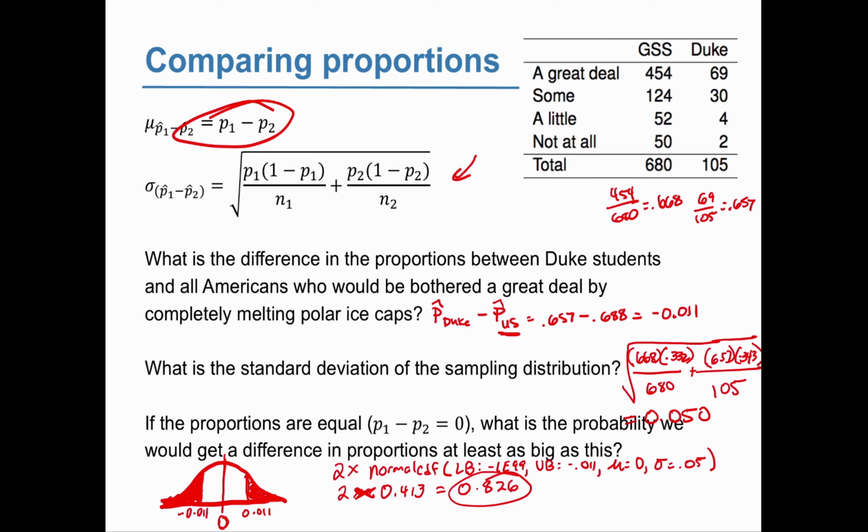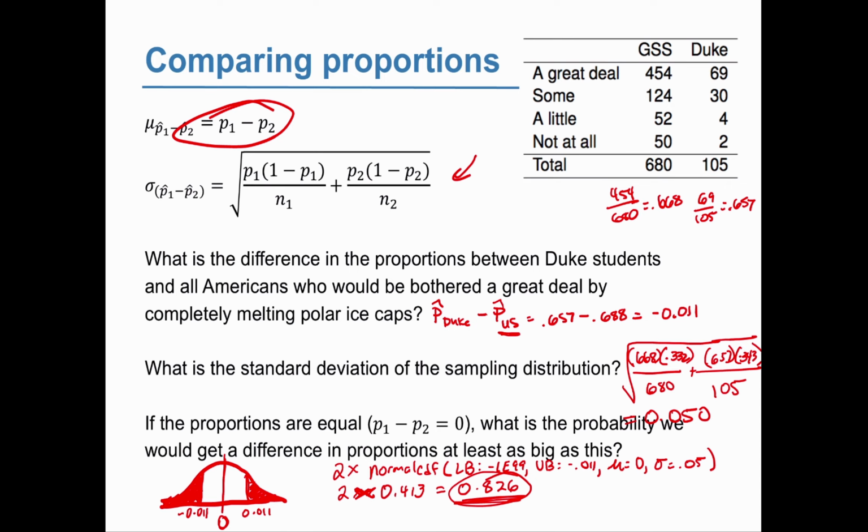So are we convinced that there really is a difference in the opinions of Duke students and Americans? Probably not. There's a very large probability of getting a result like this if there's no difference at all. So we cannot say that there is a difference.